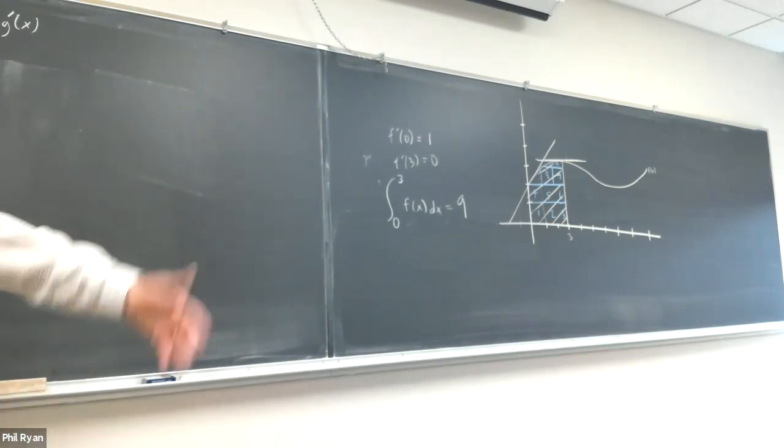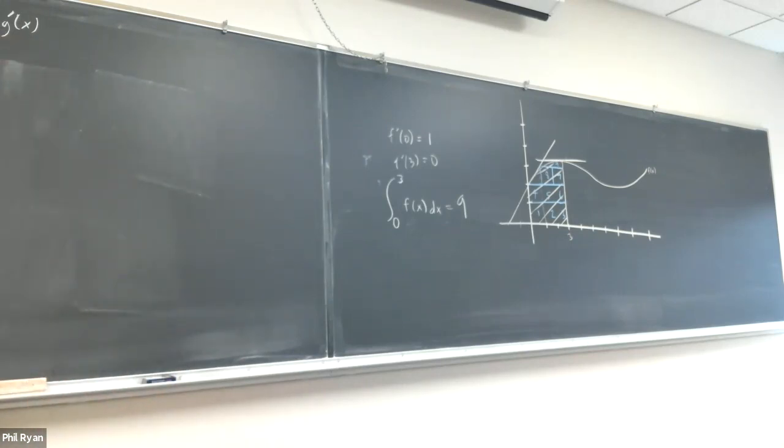The derivative of a sum is the sum of the derivatives, and the derivative of a constant multiple is the constant multiple of the derivative, that kind of stuff. We had a product rule. Quotient rule.